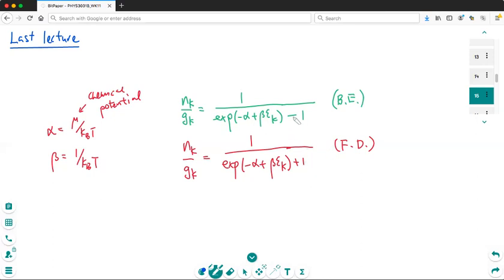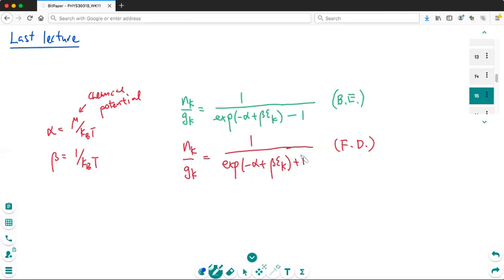Okay, and if you are in the dilute limit, there's no difference between boson and fermion because they do not really have the chance to compete for the same energy state. Therefore, the difference of -1 and +1 becomes not important in the dilute limit, and to get the classical statistics, you can just ignore this constant here.